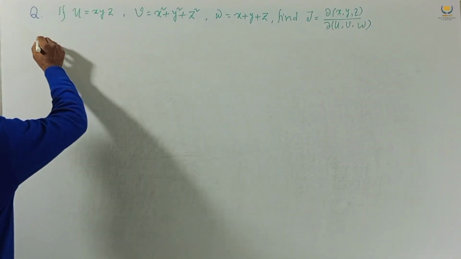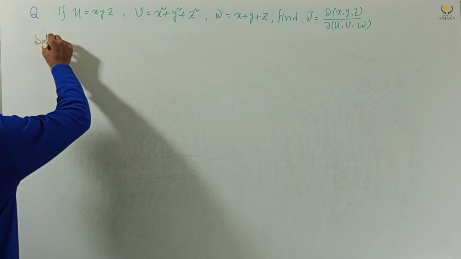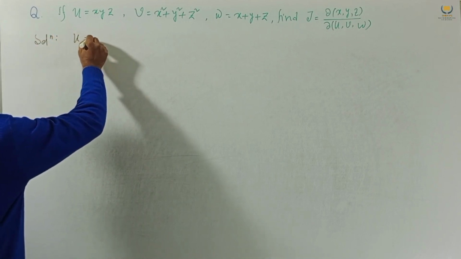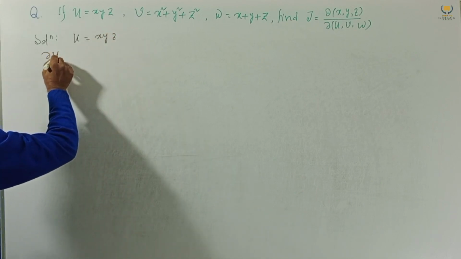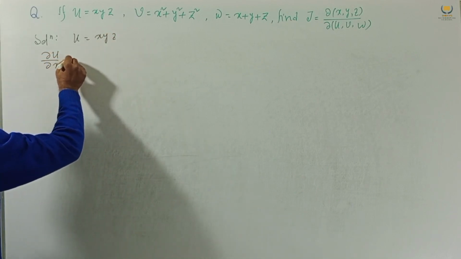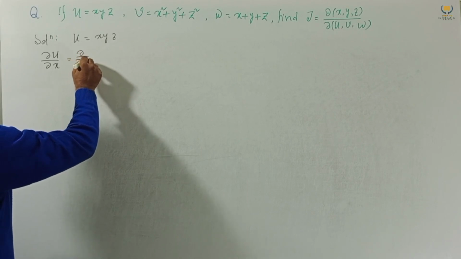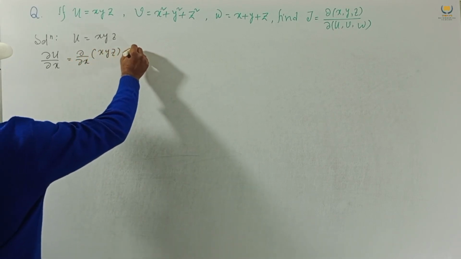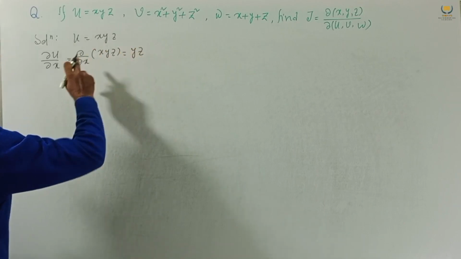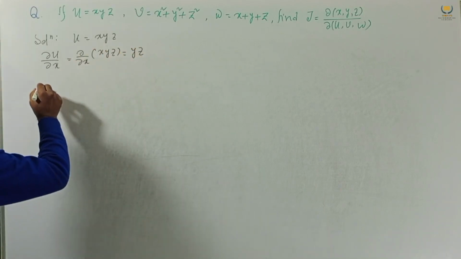Now the solution. I am rewriting this, u equal to xyz given. Del u by del x, del by del x of xyz, this is yz because del x by del x is 1.